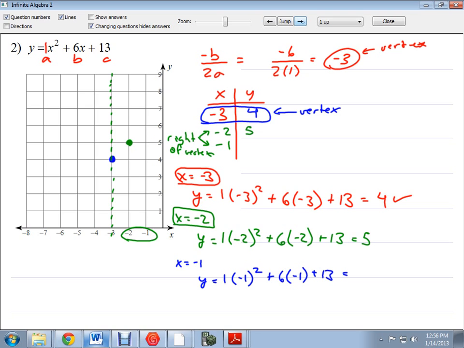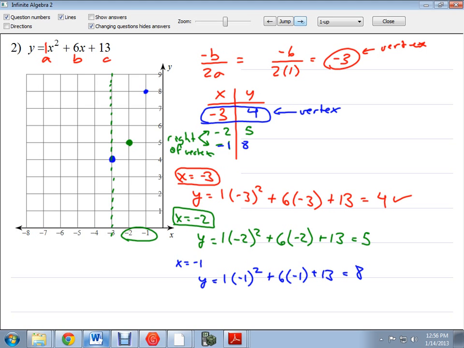So 1 times negative 1 squared is positive 1, minus 6 is negative 5, plus 13, I believe, is 8. Okay? So we plugged in negative 1, and we got out 8. Negative 1, positive 8 is a third point on this graph.